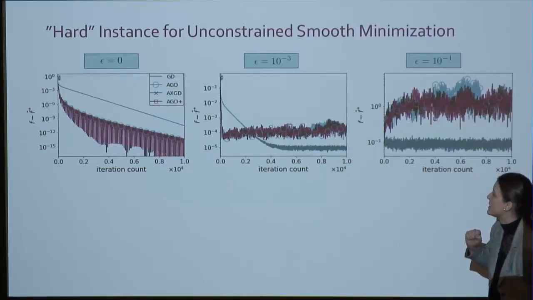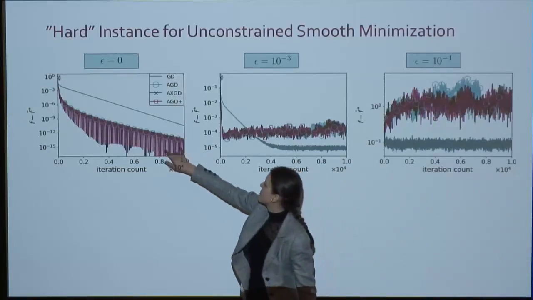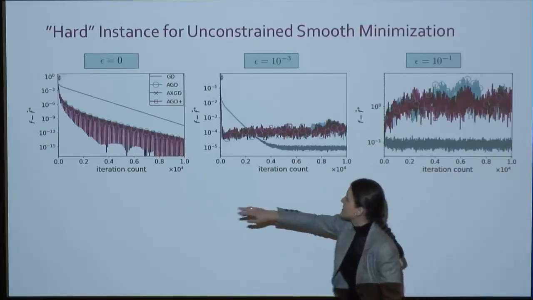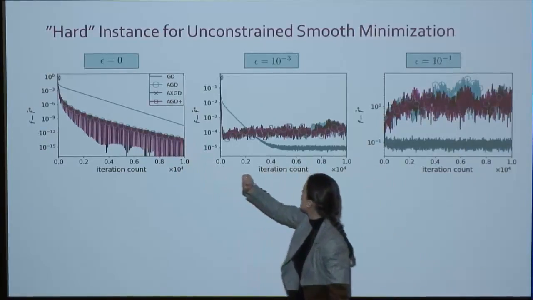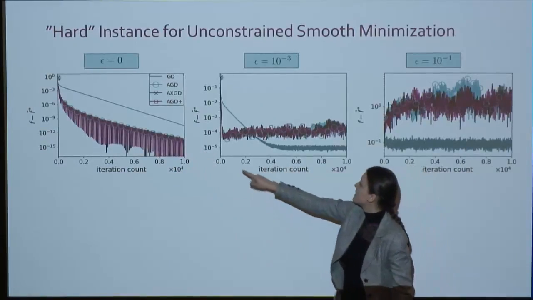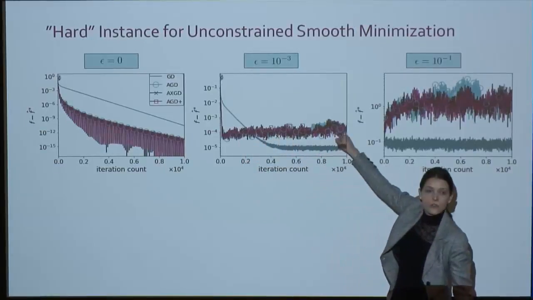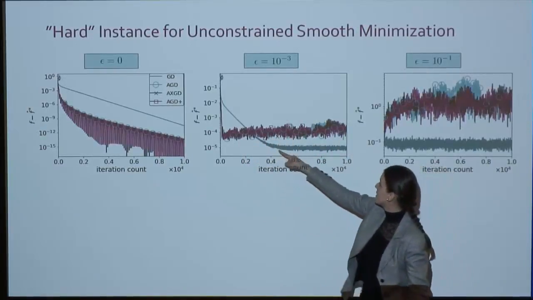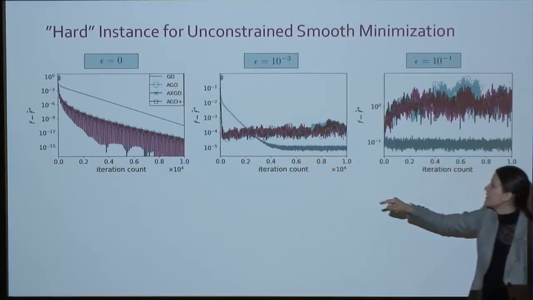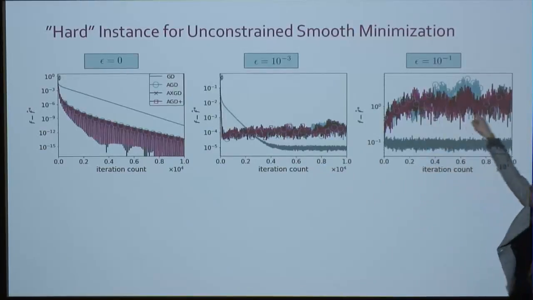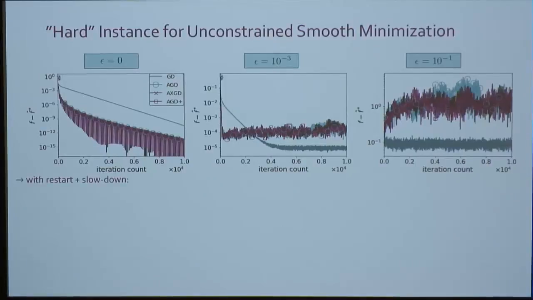So in the noiseless case, all of them are the same, faster than gradient descent. In the noisy case, you see noise starts accumulating for all of them. Gradient descent is kind of stable, but slower. You add more noise, it becomes much worse.